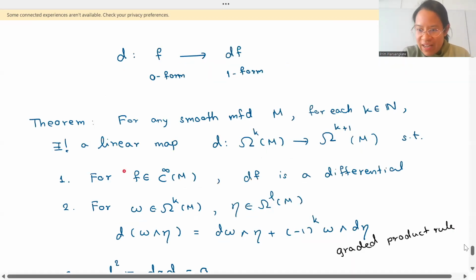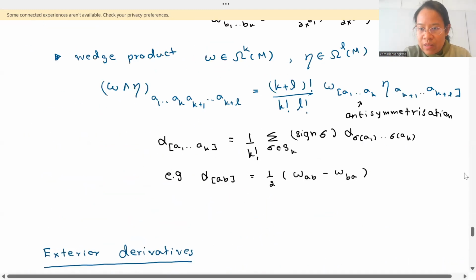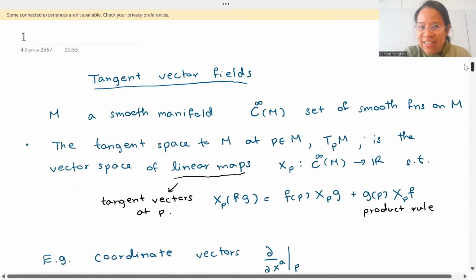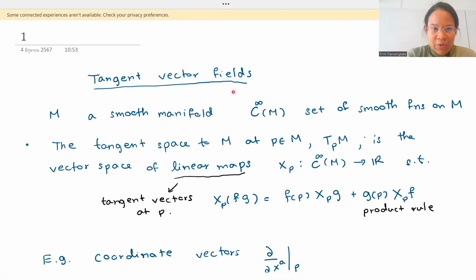Sorry, I forgot to go to the top. Right. So yesterday we have defined manifolds, and we were looking at tangent vector fields, but not yet. So we start on the tangent space.